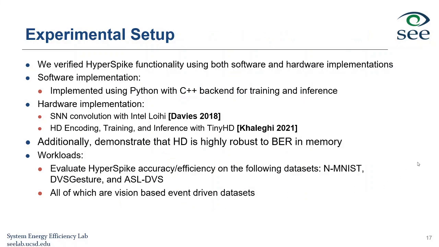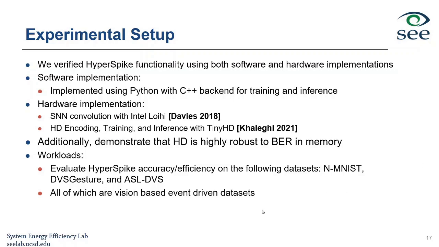For our experimental setup, we verify the functionality of HyperSpike using both software and hardware. We implement HyperSpike with Python using a C++ backend for training and inference. For hardware, we estimate the SNN convolution energy, execution time, and area using Intel's Loihi chip.